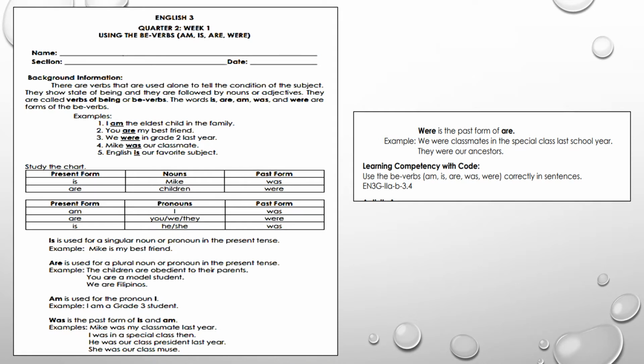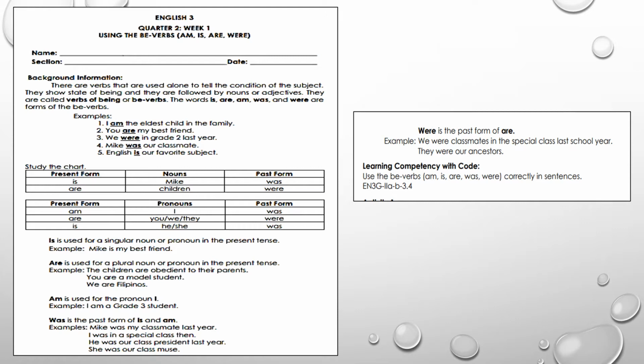Is is used for a singular noun or pronoun in the present tense. Example, Mike is my best friend. Are is used for a plural noun or pronoun in the present tense as well. Example, the children are obedient to their parents. We are Filipinos.